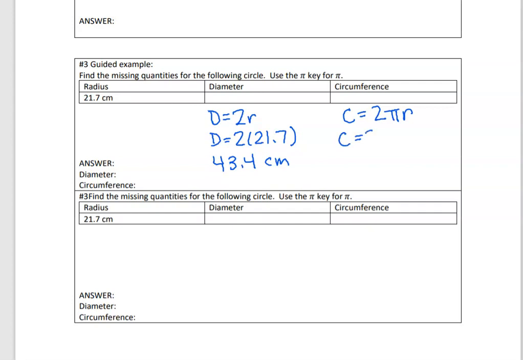So my circumference is going to be 2 times pi times 21.7. Or you could take your diameter and do circumference is also equal to pi times your diameter. I'm just going to stay with this one. So they said to actually use the pi key.